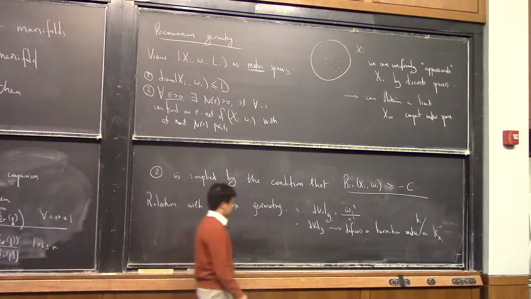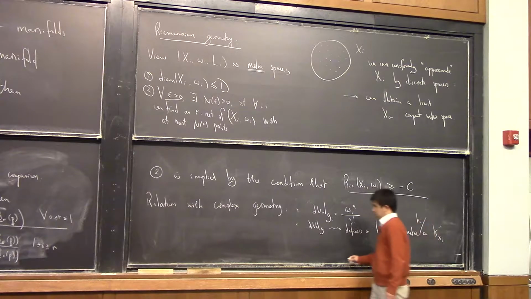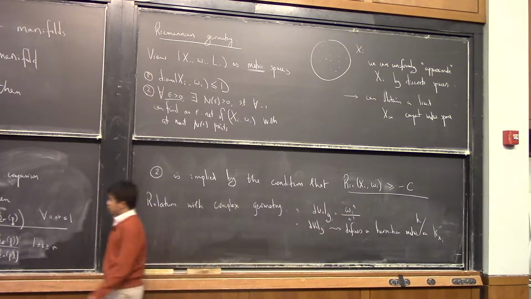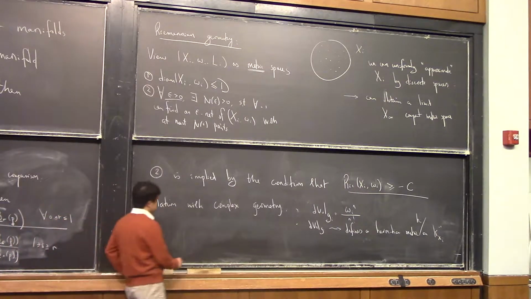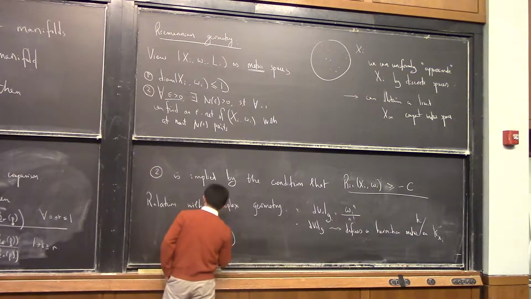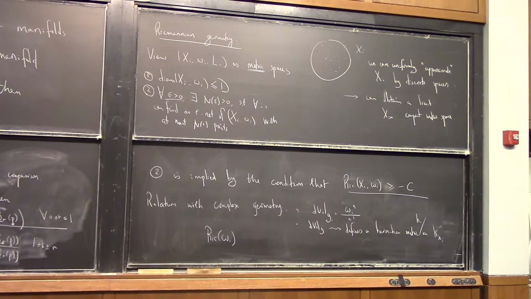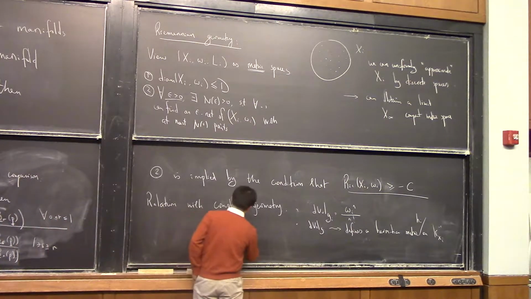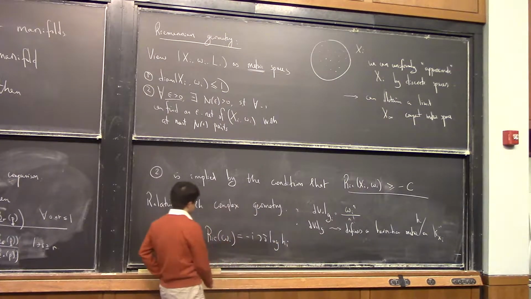So here you see the Ricci curvature is some second derivative of the volume form. And in the complex case, we can define a Ricci form, just like the relation between a Kähler metric and the Kähler form. The Ricci form can be computed using this Hermitian metric, the curvature of this Hermitian metric.